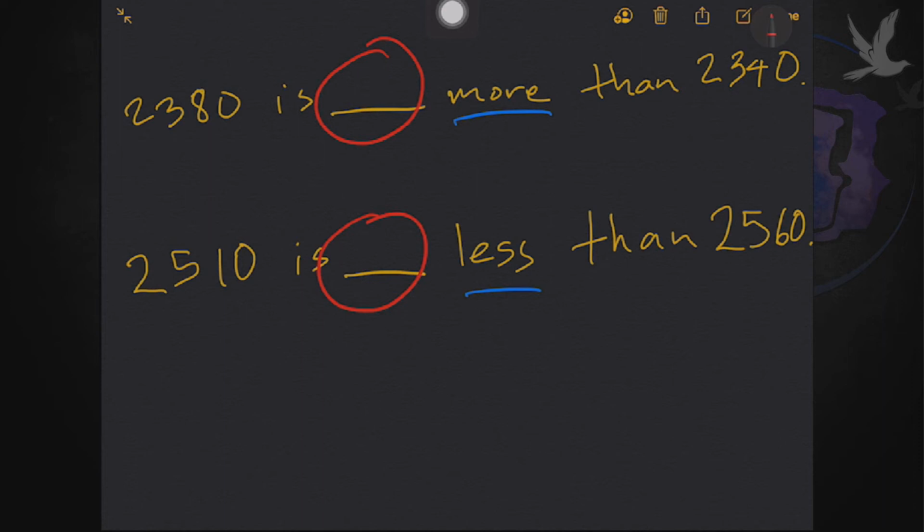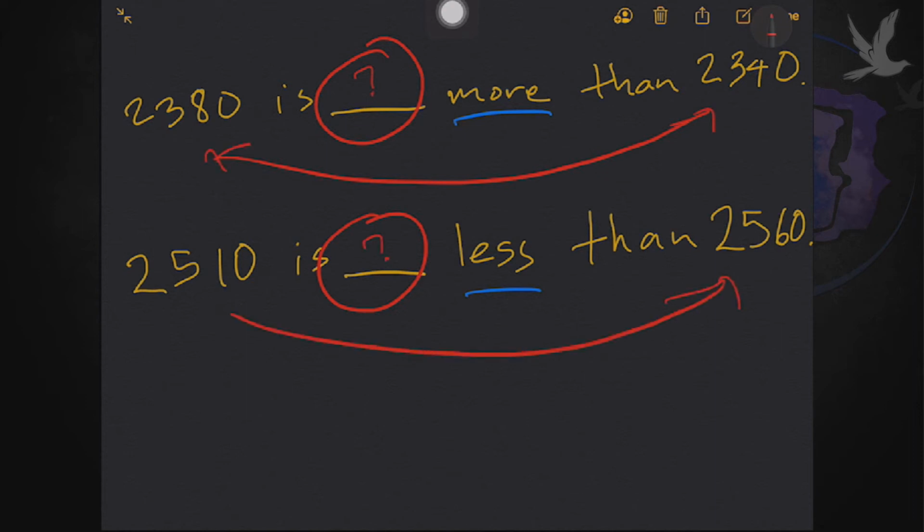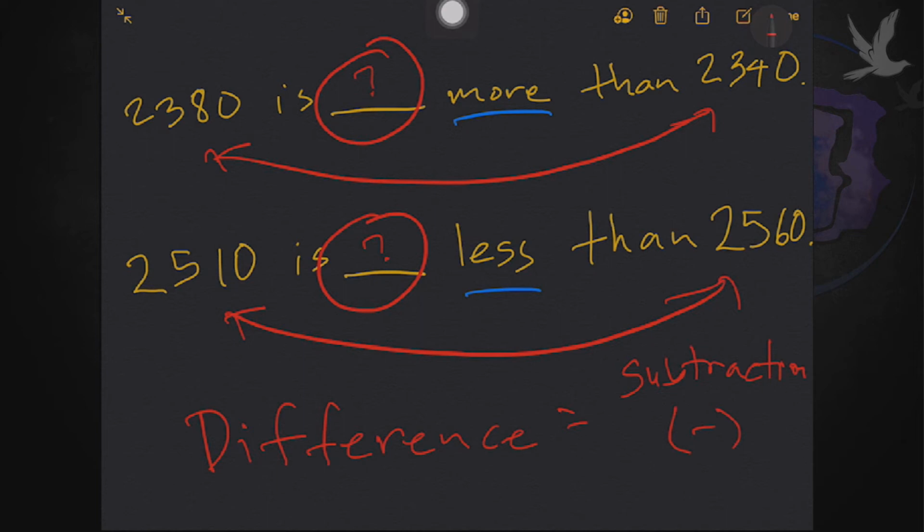So in this case, what's missing is the difference between two numbers. And in mathematics, when we say difference, it means subtraction. Or for you, known as minus. Okay? Take away, in other words.